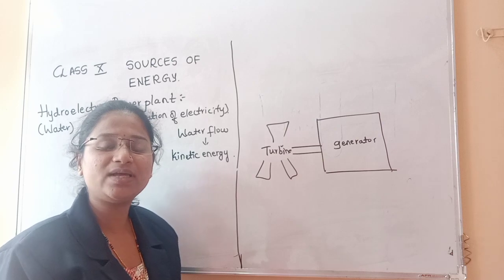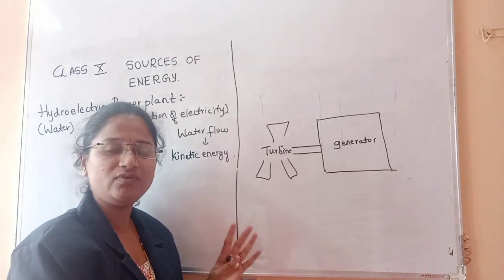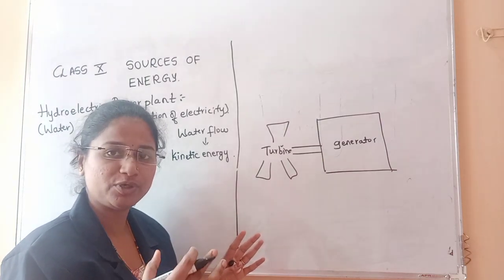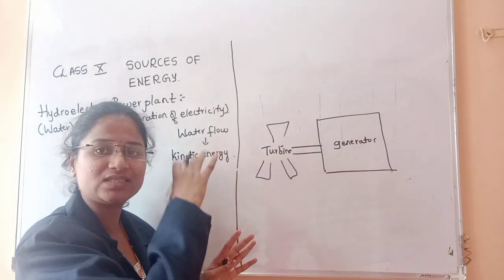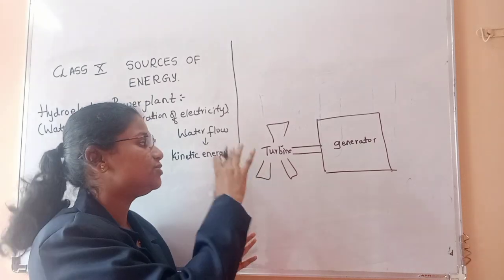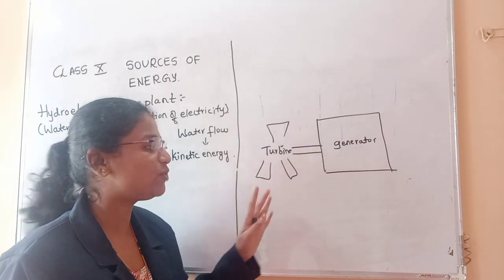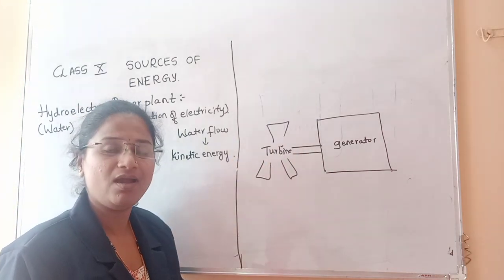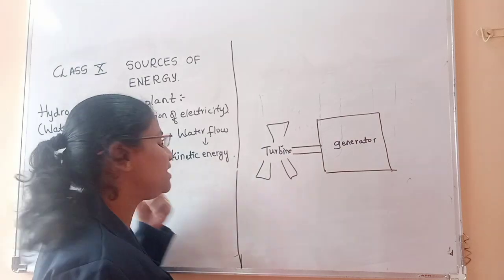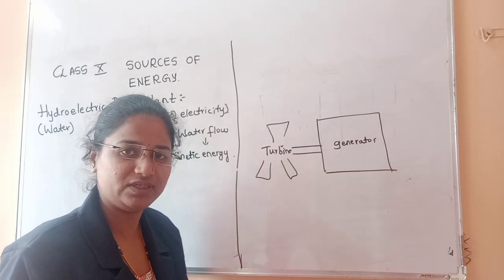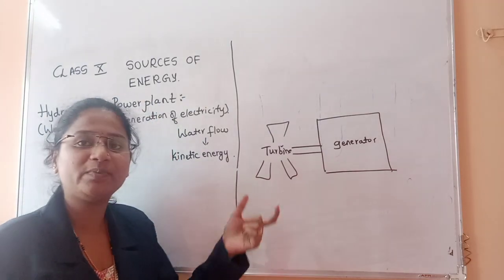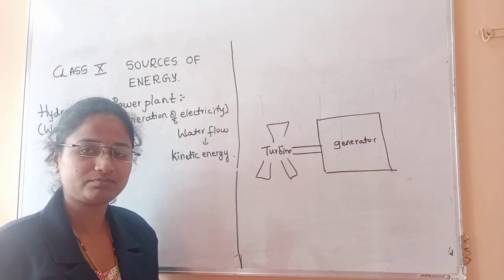In the previous one, we burnt the coal, heat energy was produced, and that heat energy was transferred to water, which boiled and gave steam. That rotated the turbine, from which we got the electricity. But here, as the name indicates, in hydroelectric power, water flow makes the turbine rotate.